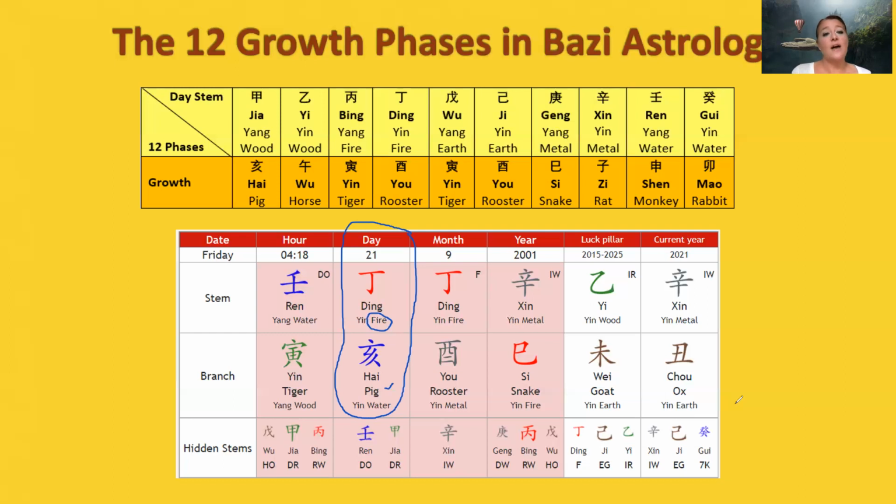And you also tend to have very good relationships with others, mostly with siblings, with family, but also generally speaking with your friends, with your social circle. So it's a gentle personality that is fairly reasonable, and that obviously ensures a smooth life. So this is the first phase of the 12 growth phases.